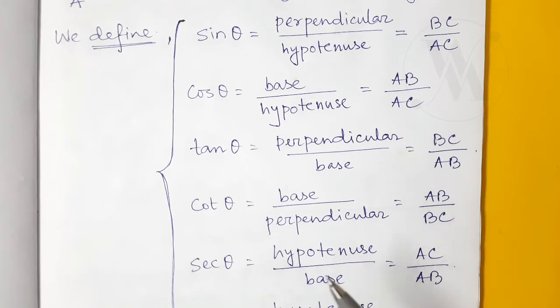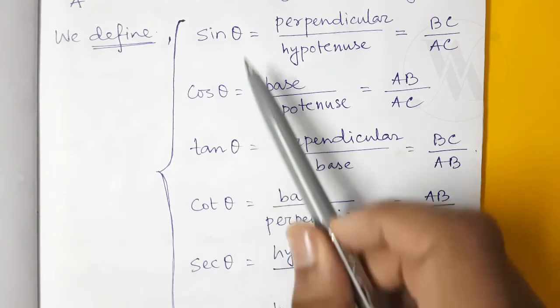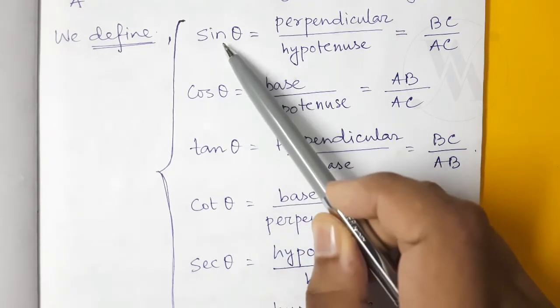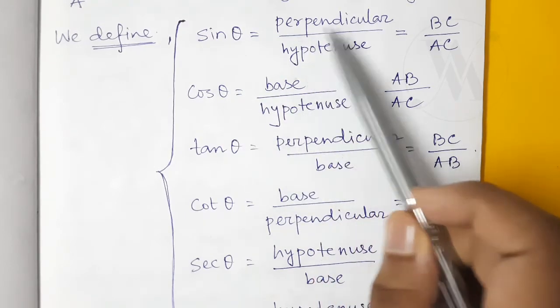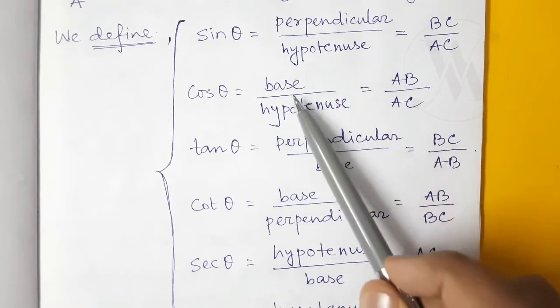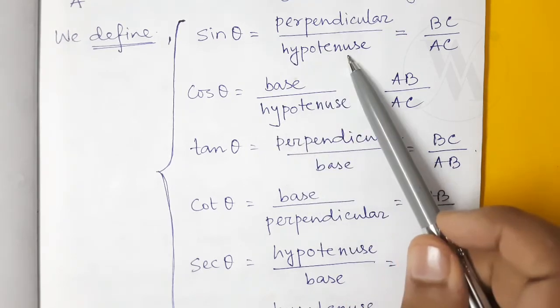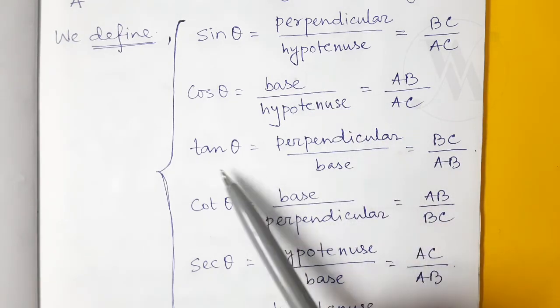Now, here you observe that tan theta equals sin theta by cos theta. How? If you divide sin theta by cos theta, what will it be? Perpendicular by hypotenuse divided by base by hypotenuse. So the hypotenuse term will get cancelled. So it will be perpendicular by base, which is nothing but tan theta.